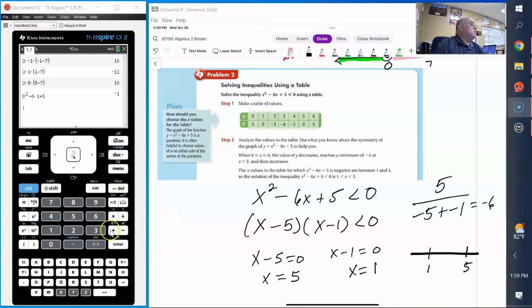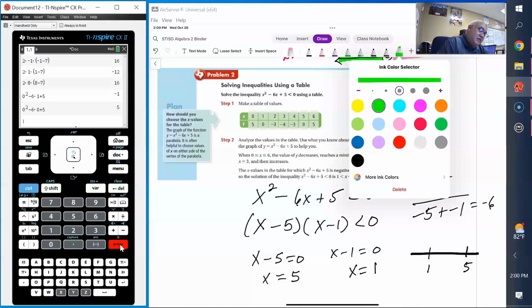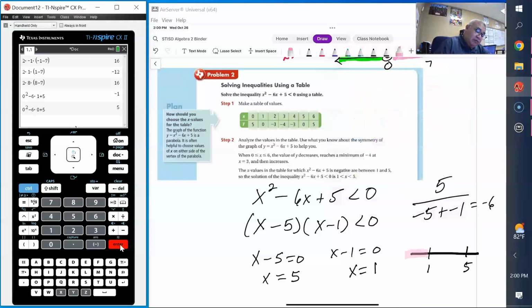I have 0 squared minus 6 times 0 plus 5, and we know that it is not less than 0, it's actually 5. So everything to the left of 1 is not going to be part of the answer. And of course, it has to be an open circle at 1, since it's going to be exactly 0 at 1.